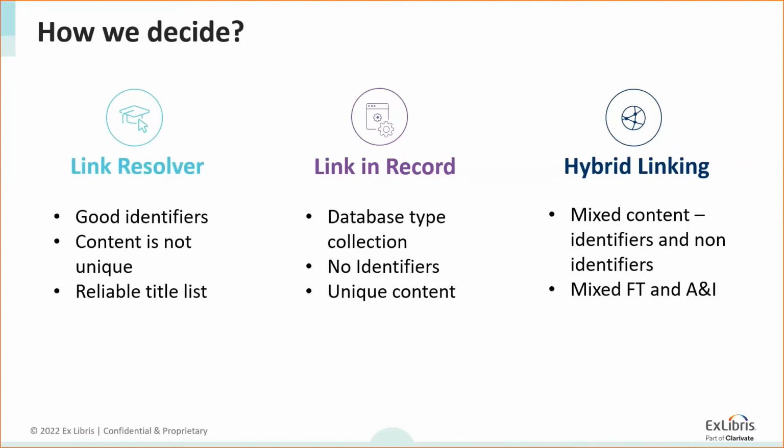The academic content with identifiers, and when it comes to ProQuest, also dissertations that are not covered in the portfolio list in Alma, use the link resolver, because it has identifiers and can work really well. And many times it's also available in other provider platforms. The non-identifiers content and the dissertations will be using the link in record.